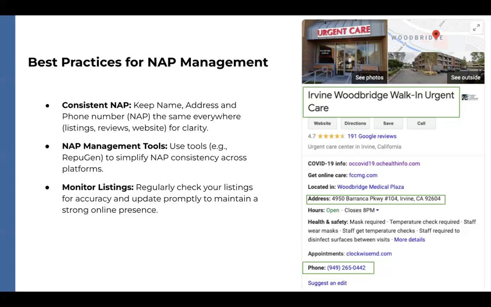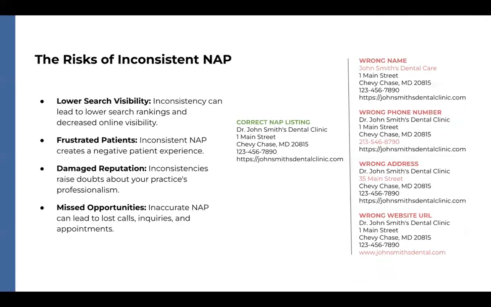The correct name for the listing should be, say, for example, oh, I apologize, I am on the wrong slide. But here you'll be able to see the correct NAP listing in Dr. John Smith Dental Clinic. But the name on the right is missing the word doctor and replaced with the word clinic and care. These discrepancies showcase how easily confusion and missed opportunities can arise when even minor details within your NAP information aren't consistent.